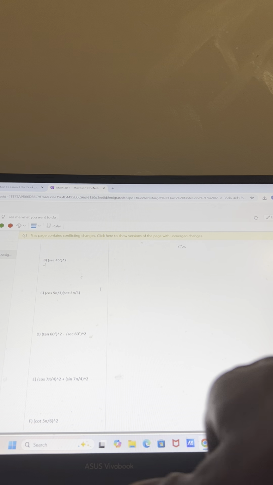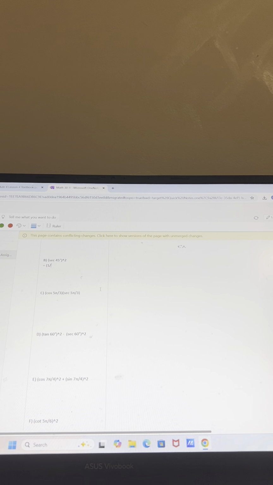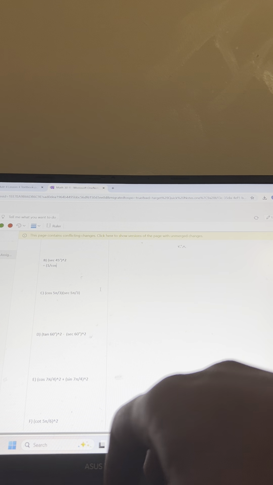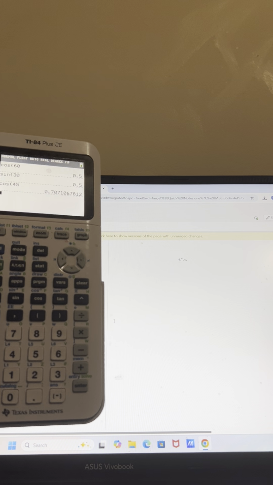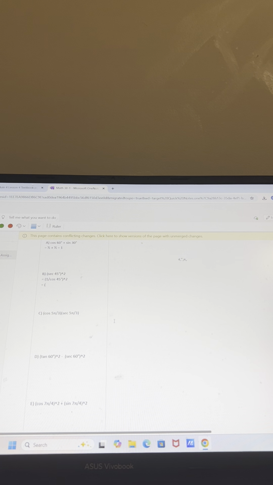So this is going to equal 1 over cosine 45 degrees, then squared. So cosine of 45 degrees is going to equal this, approximately square root of 2 over 2.